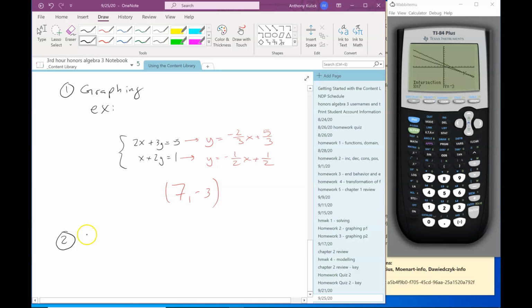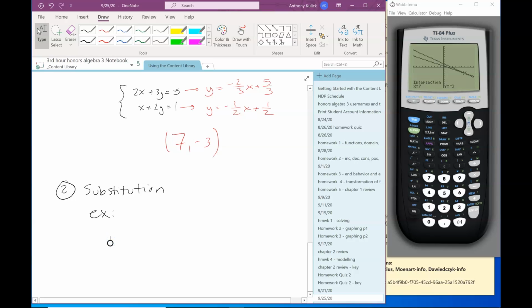So the next method that we'll talk about is called substitution. We're going to solve the same system now using substitution.